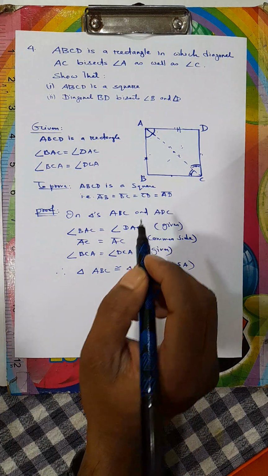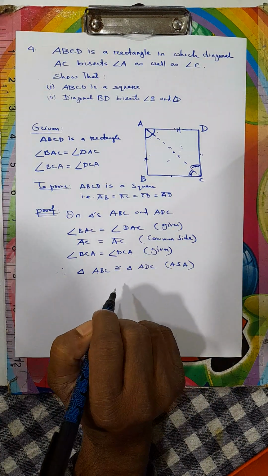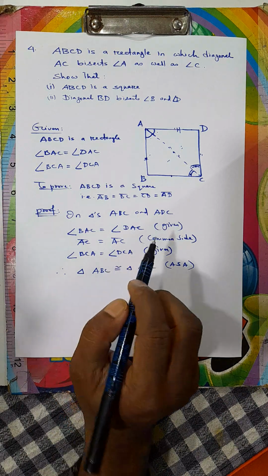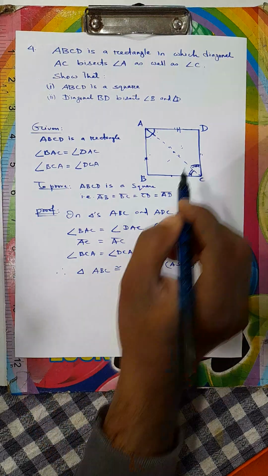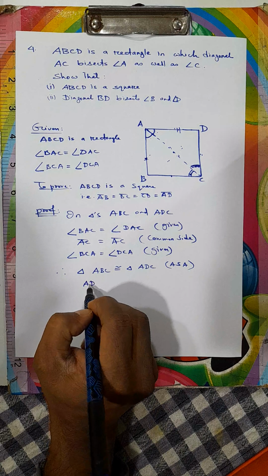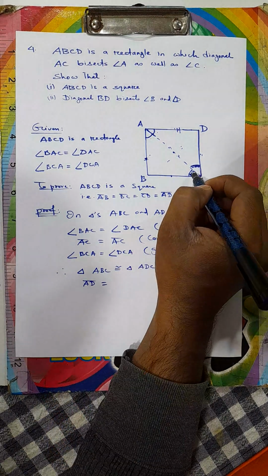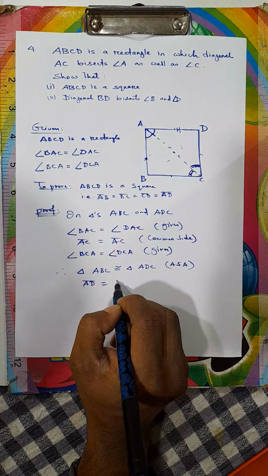Now, if these two triangles are congruent, then corresponding parts are equal. Now, how will you find corresponding parts? Say, for example, these two angles are equal, so their opposite sides are equal. So, what is the opposite side of this angle? AD. AD equal to, what is the opposite side of this angle? AB. AD equal to AB.